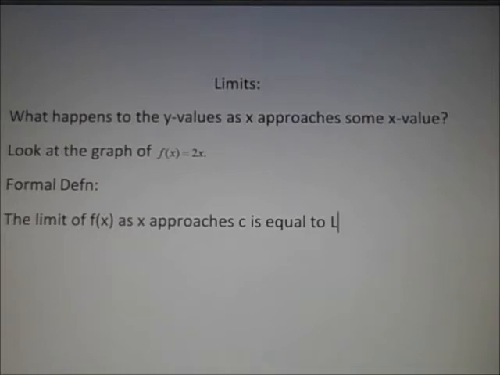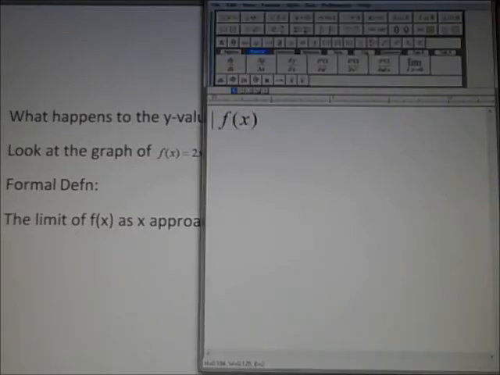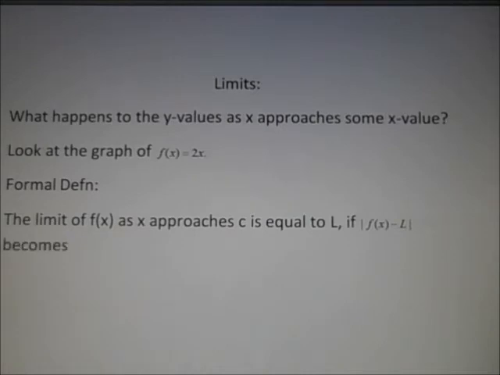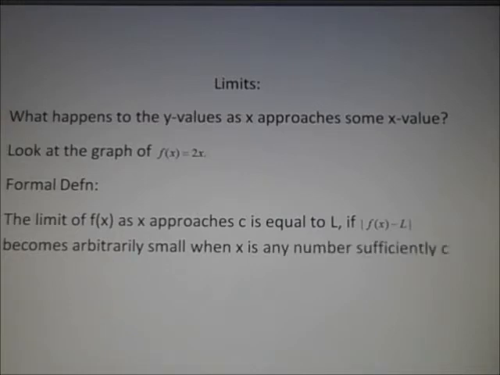So this is true if the absolute value of f of x minus L becomes arbitrarily small when x is any number sufficiently close, but not necessarily equal to, c.